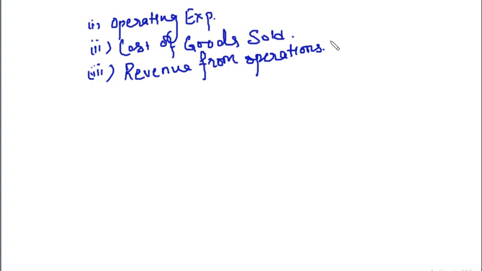Now, how does this operating ratio help? What does this ratio signify?